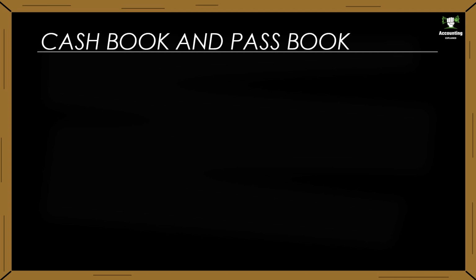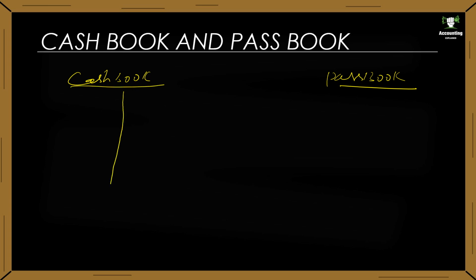I am going to explain to you now how the cash book and passbook are maintained or prepared. In the cash book, all the receipts are written on the debit side. In the passbook, all the receipts are written on the credit side.